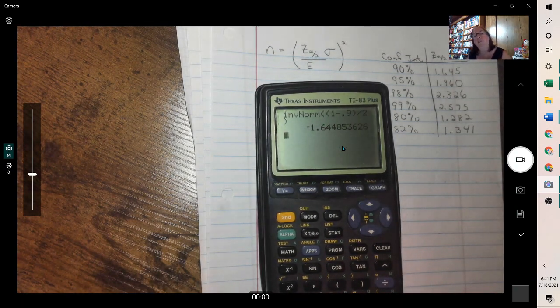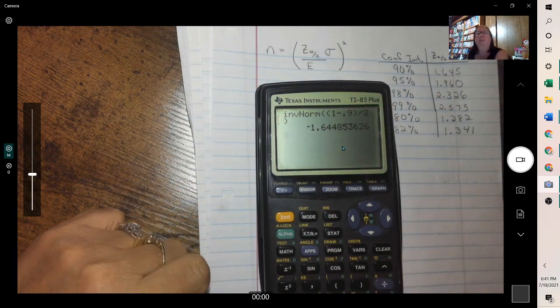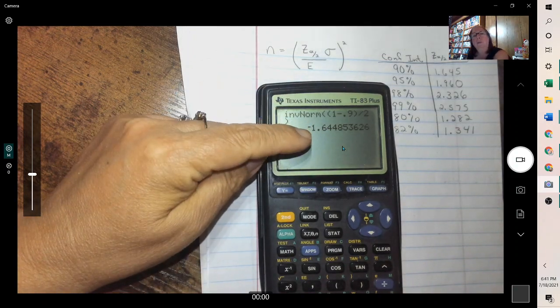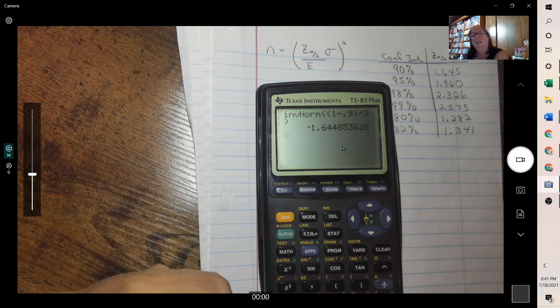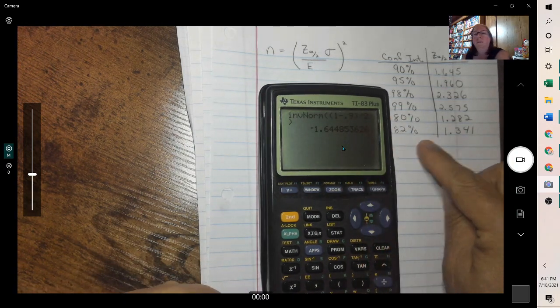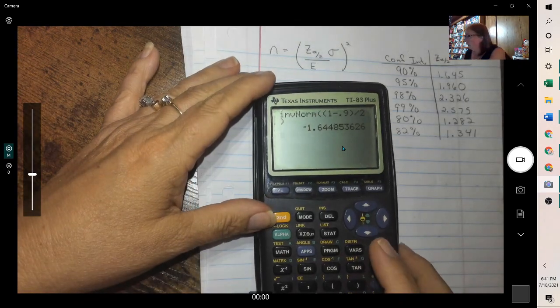Now this is giving the left side of the mean, but for the z-values, we want the positive. So that's why we're dropping the negative. And it's 1.645. If we find the 82, do the same thing.